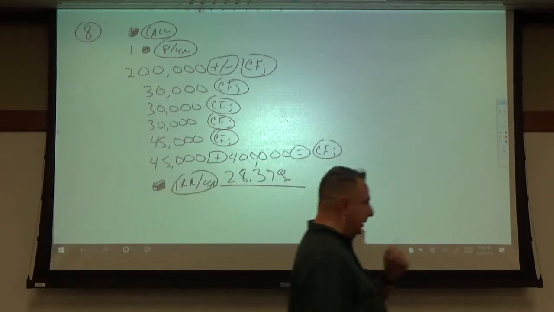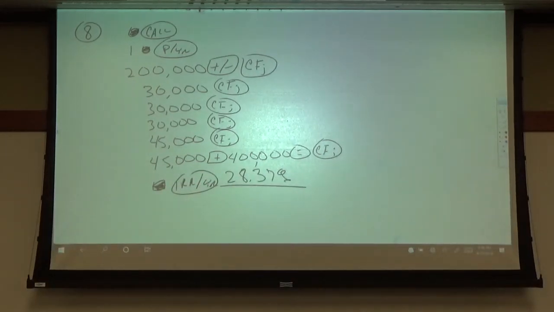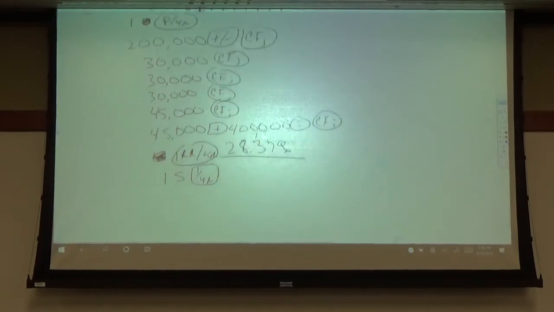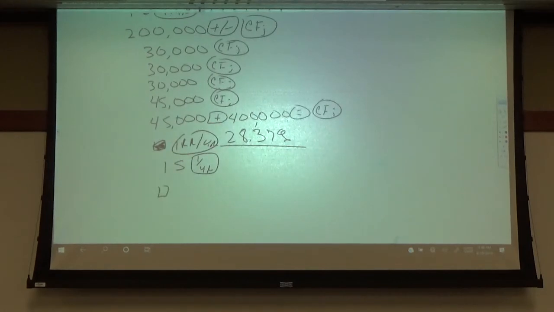All right. Now the next question is that same question, but assuming your hurdle rate is 15%. So all you're going to do is follow that by putting in 15% as your interest rate, top row of the calculator, just as always, and then you're going to hit Shift NPV, which is right below the PRC key.